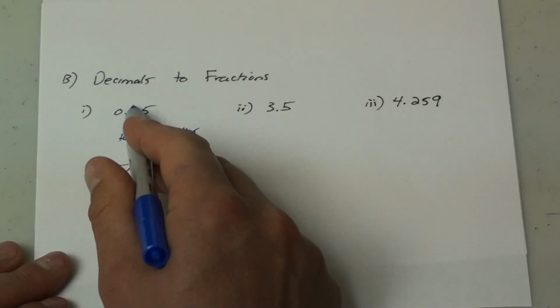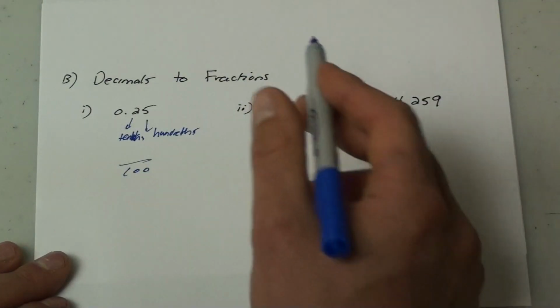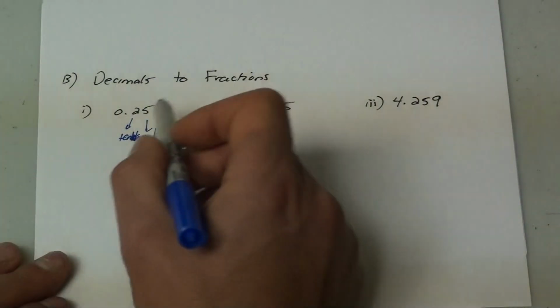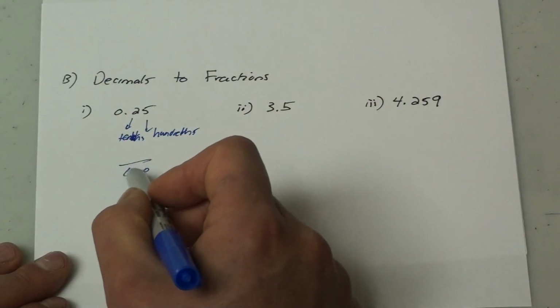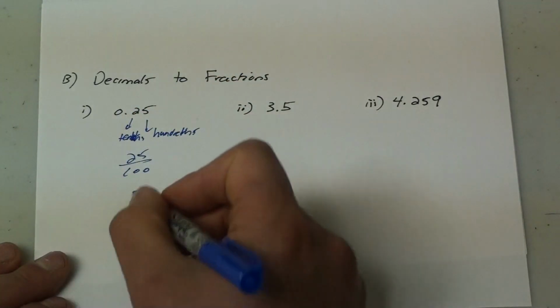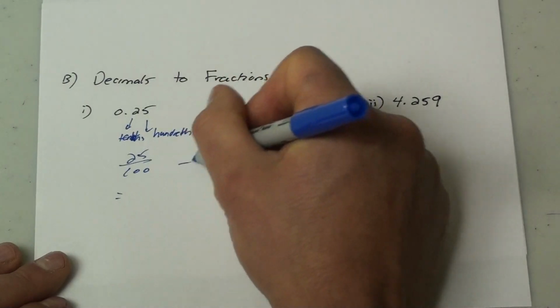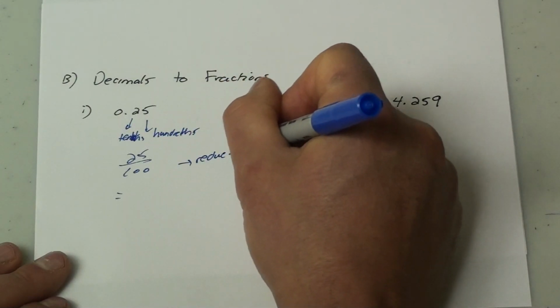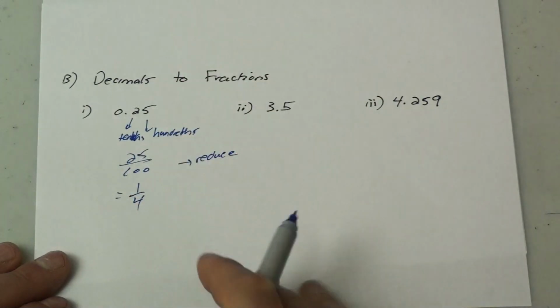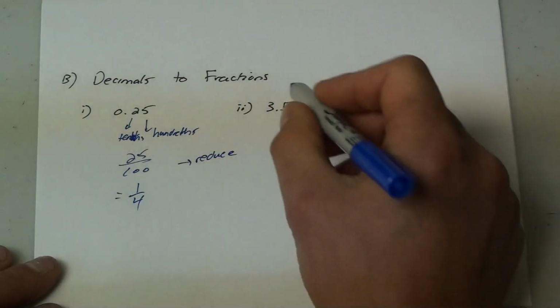If I've only gone over into the tenths, that's the only decimal place, then I put it over 10. If I've gone over 3 decimal places into the thousandths, then I'll put it over a thousand. This one I've only gone over to the hundredths, so I put it over 100, and I have 25 for the 0.25 over 100. Now, once you have that, then you can reduce. 25 over 100 can reduce down to 1/4 by dividing both top and bottom by the same thing.